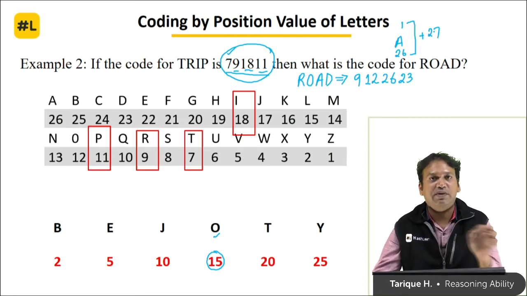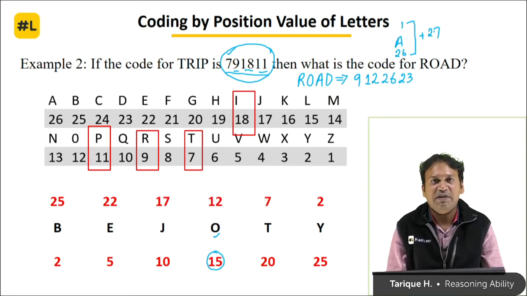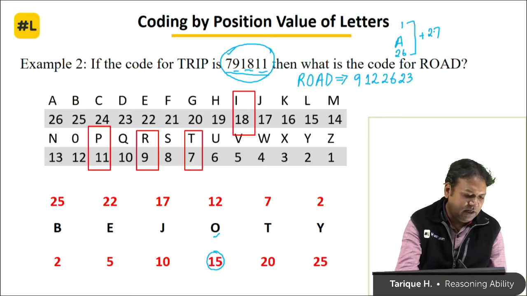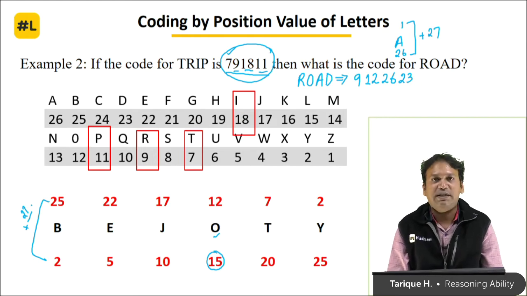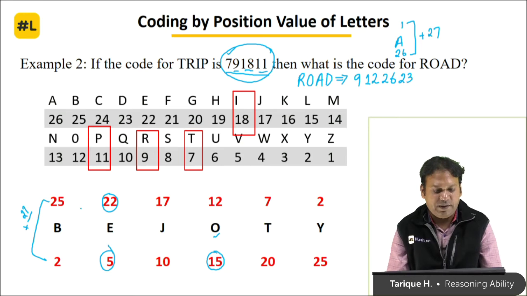You will not have to write A to Z again and the positional value of each letter. That much time we do not have in the exam. So for all of these letters, I will not remember the positional value from the end separately. For every letter, the positional value from the beginning and end add up to 27. So 2 plus 25 is 27. If you look at E, 5 and 22, that is also 27.